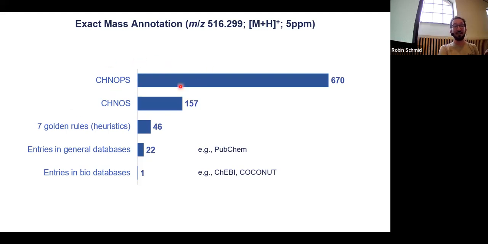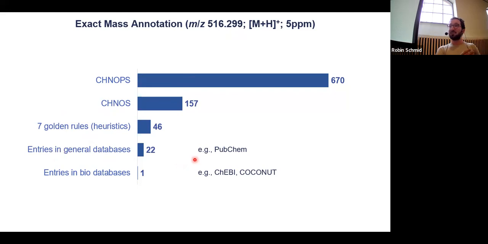We can see here that just by looking for CHNOPS, which is a very limited alphabet of atoms, we can already predict 670 formulas for this one mass-to-charge ratio. We can of course limit it more, and we can also say there are only specific ways we can combine carbon, oxygen, heteroatoms and hydrogen. This is in those 7 golden rules, heuristics.